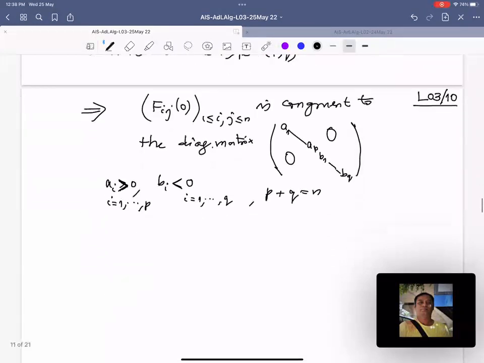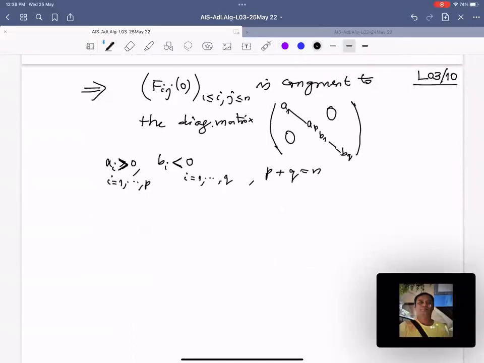So what is the Hurwitz criterion saying? If you look at the determinants, let me put the principal minors D_m(t), which is the determinant of F_ij(t), with 1 less than or equal to i, j less than or equal to m. These are the principal minors of this matrix.